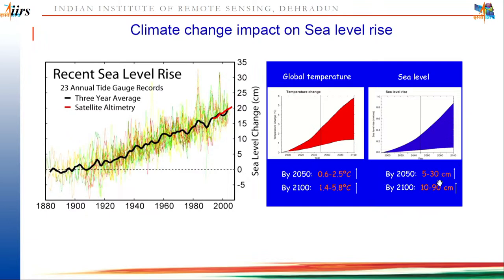So all this temperature rise, sea level rise, increasing frequency of drought, and also increasing carbon dioxide and methane concentration, heavy seasonal rain, frequency and intensity of cyclone, all is going to affect agriculture one way or another.